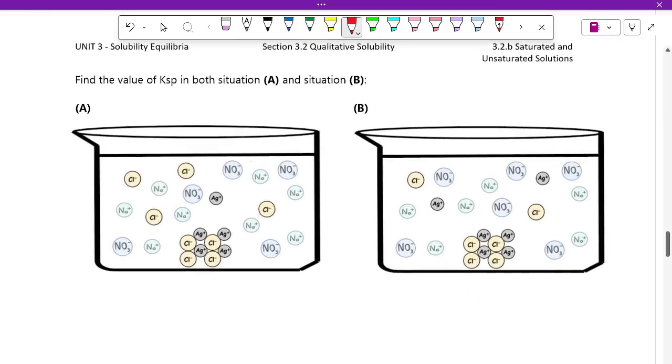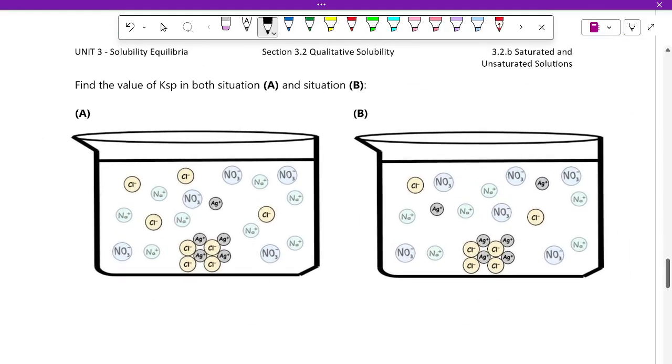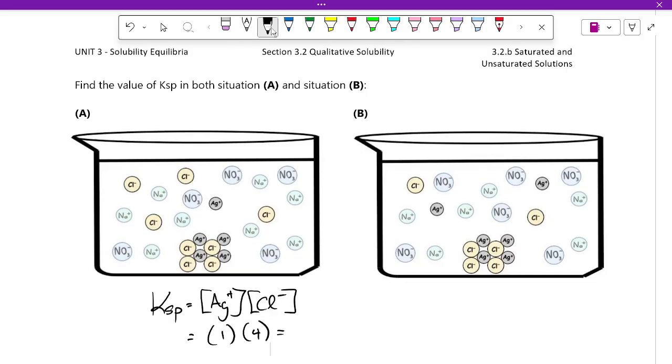So let's just show our Ksp just to prove a couple of things here. So we already did our Ksp for this one. Ksp is the silver times the chloride. That's 1 times 4, which is 4.